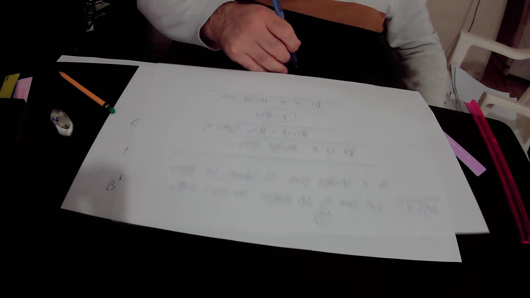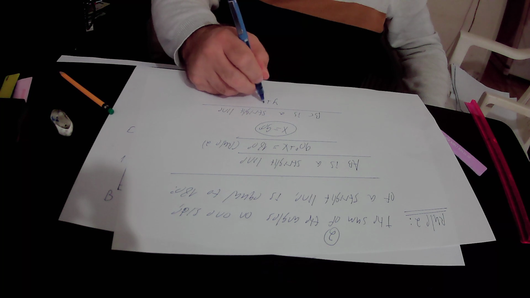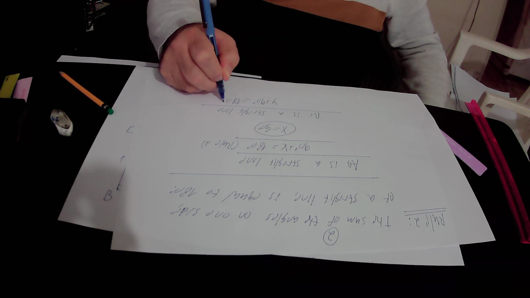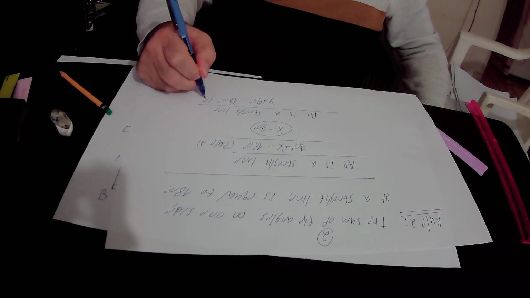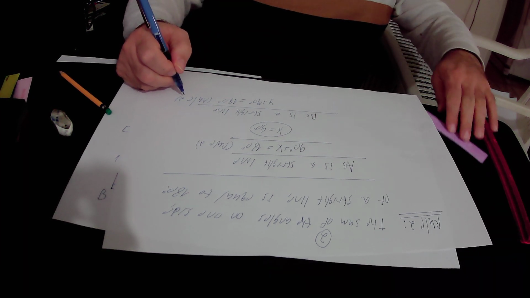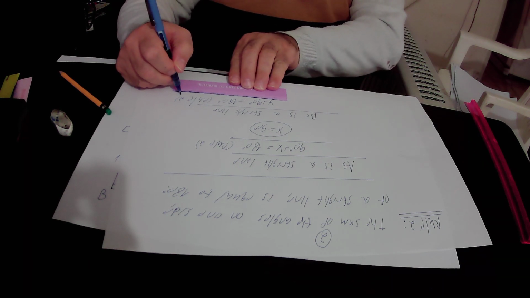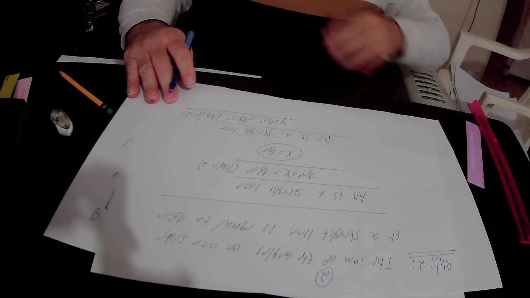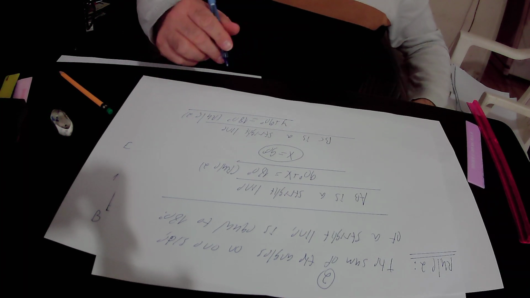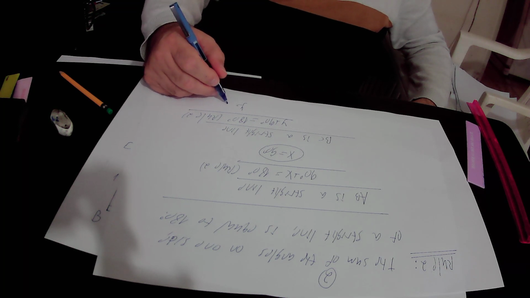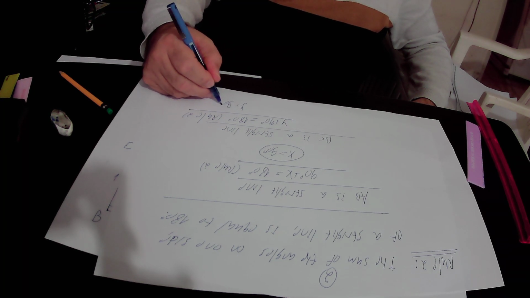So here we'll subtract 90 degrees from this equation and we'll get that angle Y equals 180 degrees minus 90 degrees, which is 90 degrees.